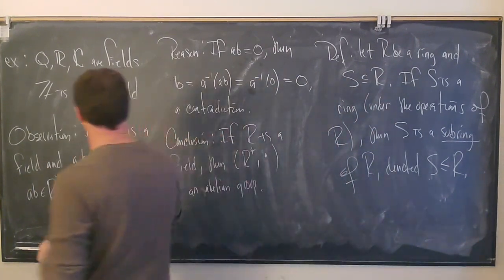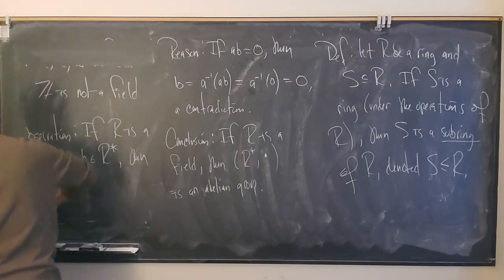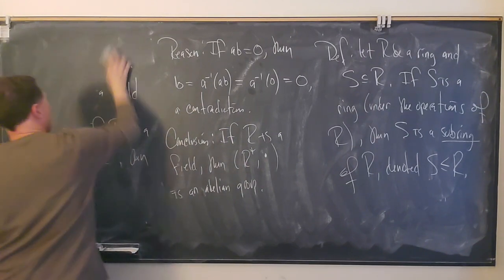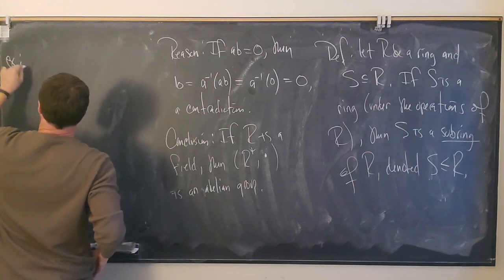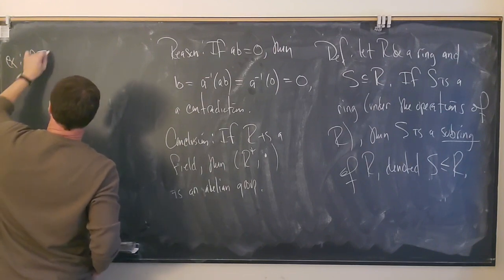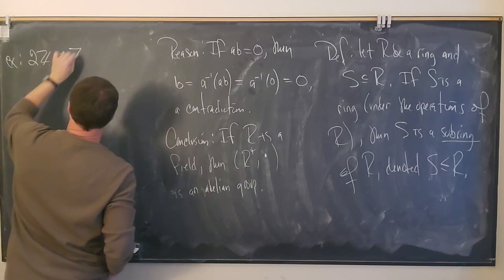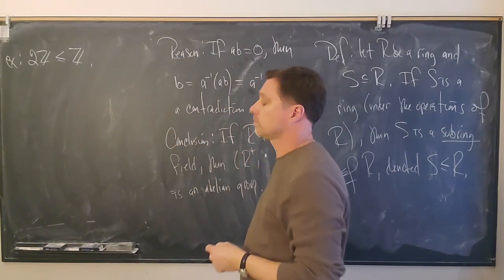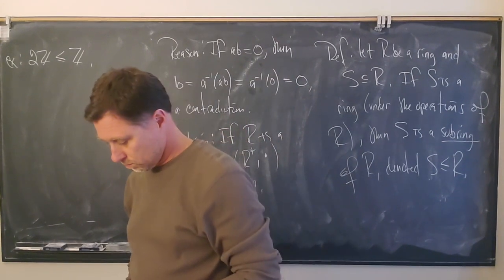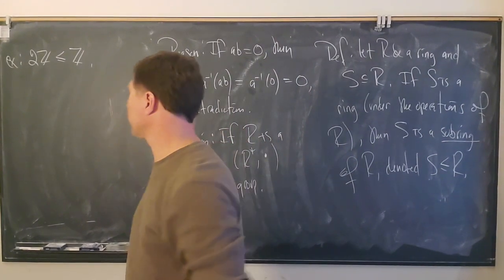So for example, 2Z is a subring of Z. It's a ring.